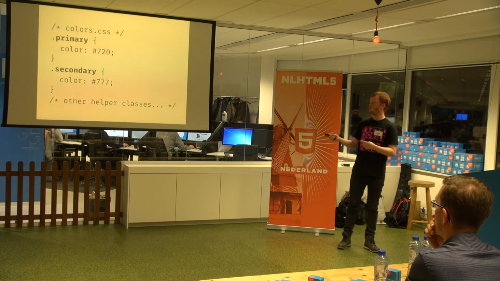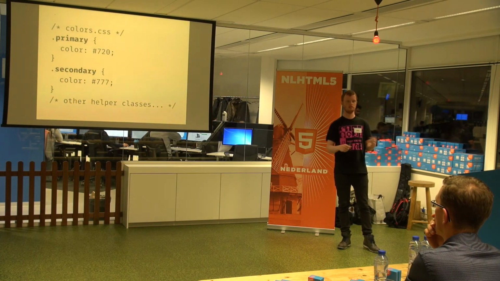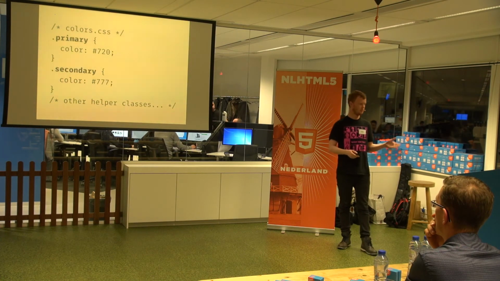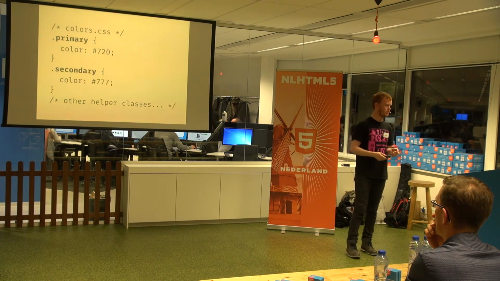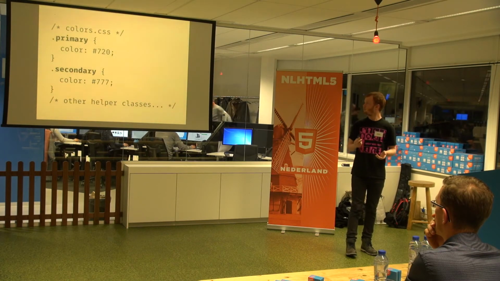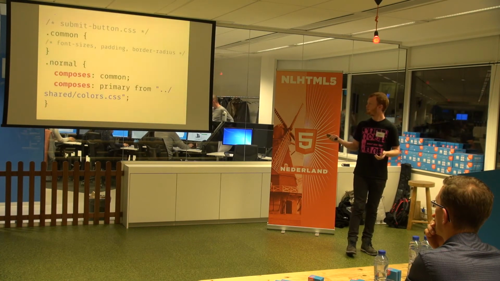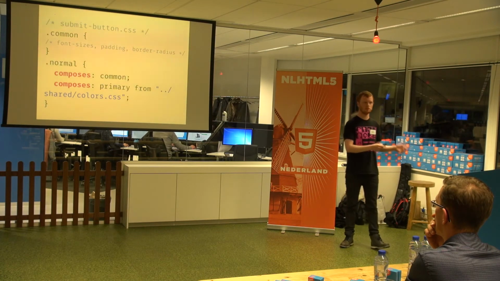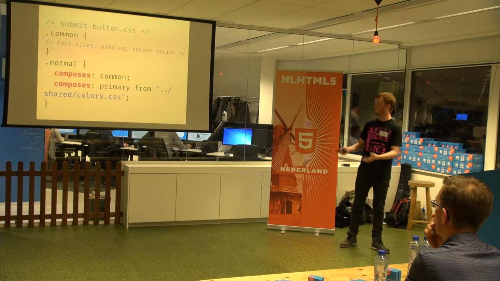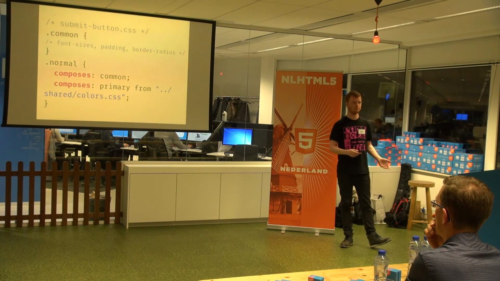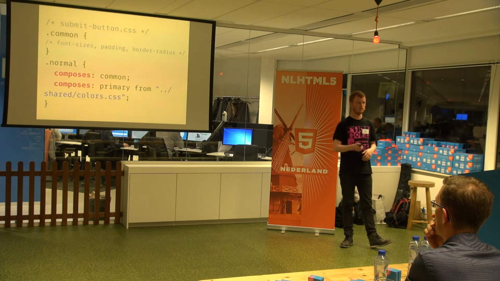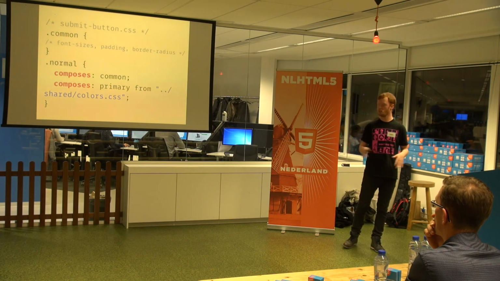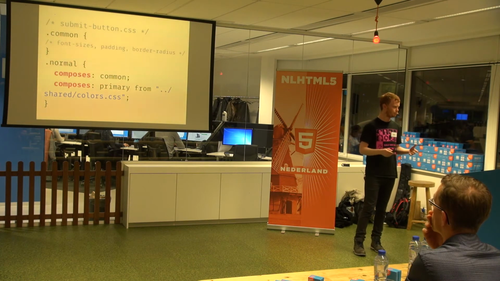What if you wanted to use that style in another file? With SASS, you've got variables. With CSS, we're actually getting close to getting variables into the spec, so that would be pretty cool. With CSS modules, you can actually choose what you want to export, what you want to import into your new thing. So whenever you update primary, all of your button components change, regardless of the fact that you haven't changed anything in the button.